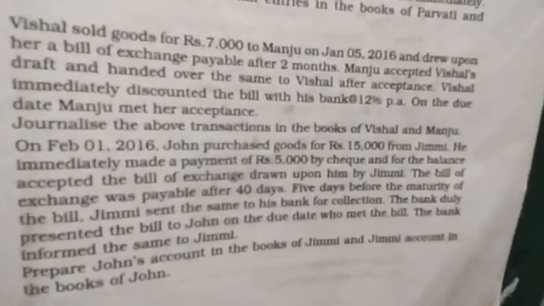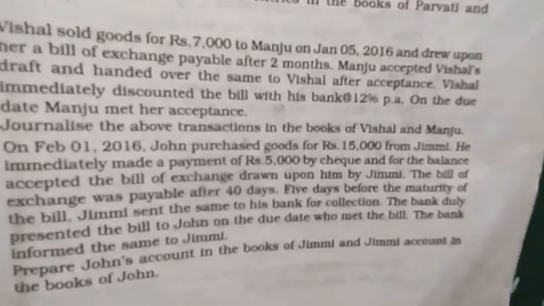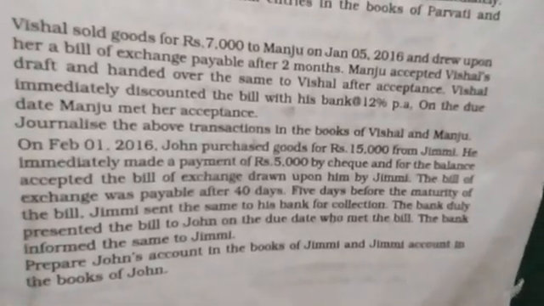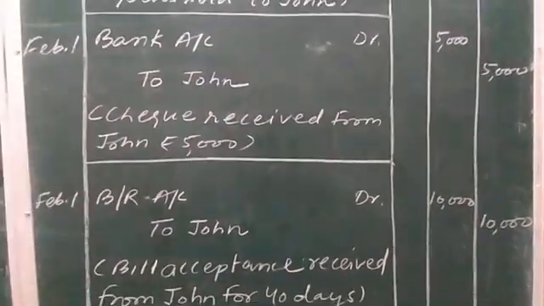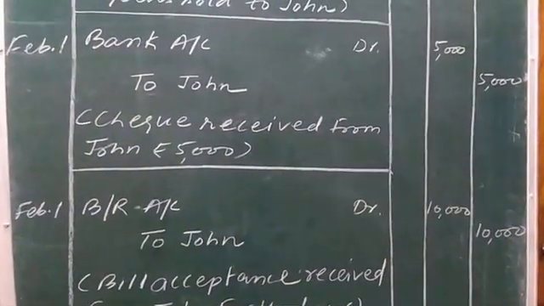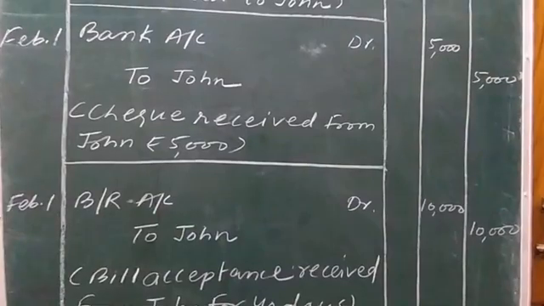And for the balance, how much will be left? 15,000 minus 5,000, 10,000 rupees. He accepted the bill of exchange drawn on him by Jimmy. Jimmy drew the bill on John.